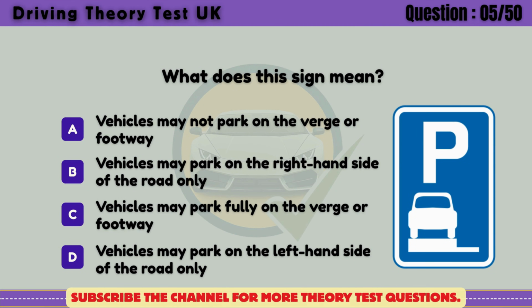Question 5. What does this sign mean? Option A. Vehicles may not park on the verge or footway. B. Vehicles may park on the right-hand side of the road only. C. Vehicles may park fully on the verge or footway. D. Vehicles may park on the left-hand side of the road only.